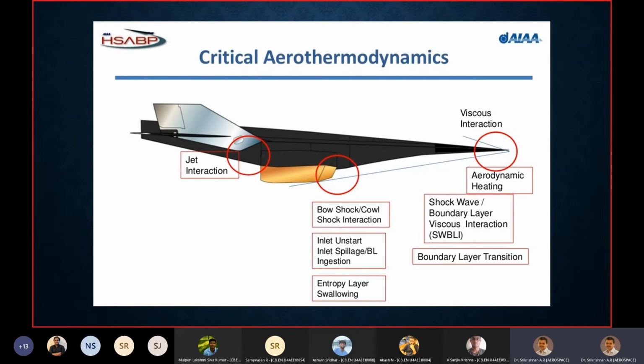That's why I've shown this conceptual scramjet plane, where in various parts you can see viscous interaction, shock boundary layer interaction, entropy layer formation, etc. And of course, all along you will have high temperature effects. So these are all going to be an integral part of any real life application of hypersonic flows.